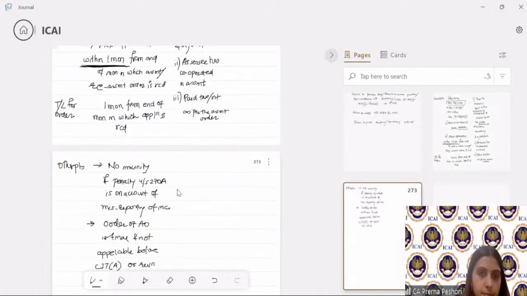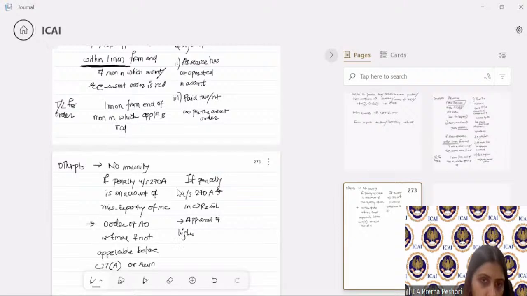So if it is a penalty under section 270A and income is greater than rupees 5 lakh, then approval of higher authorities is required. Clear?